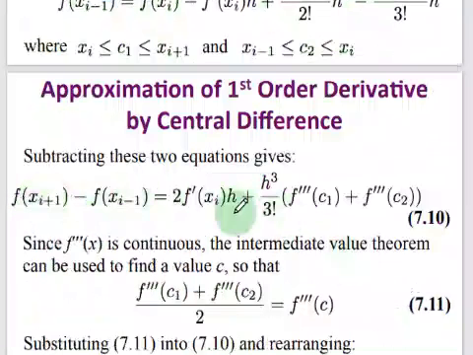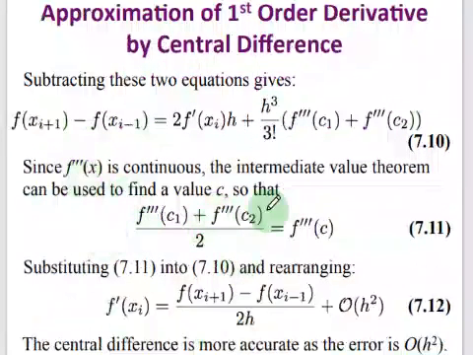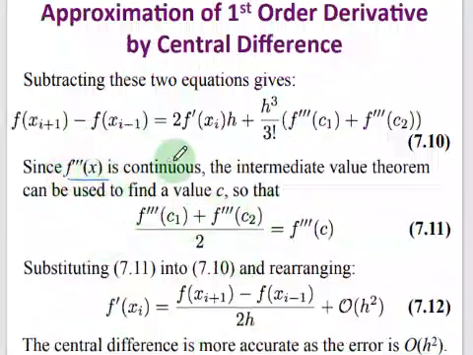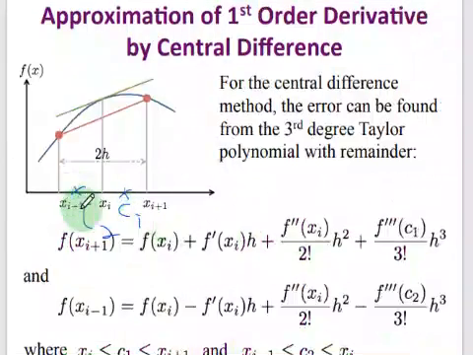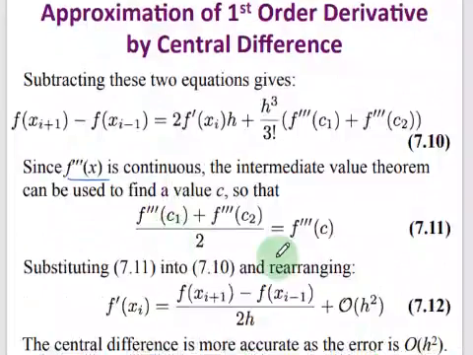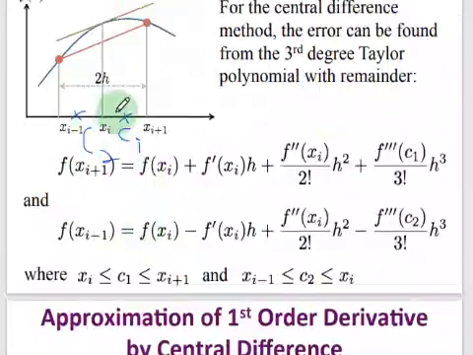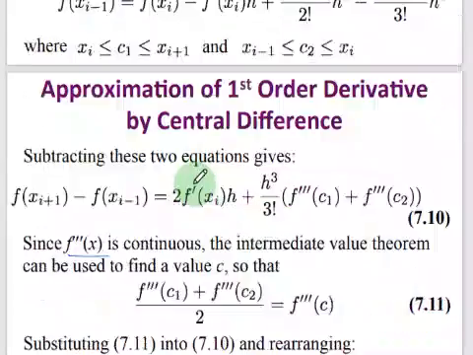This is your left hand side and this is your right hand side, and if f triple prime is continuous, we can apply the intermediate value theorem, right? So there exists a point c in between xi minus 1 and xi plus 1, right?